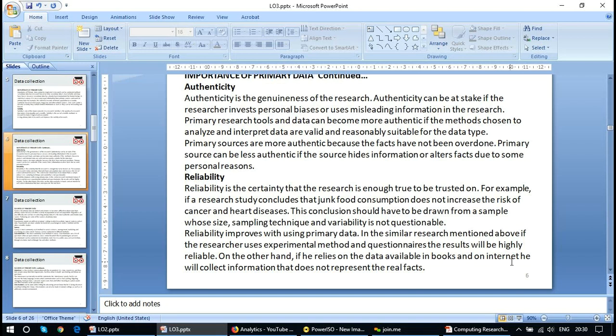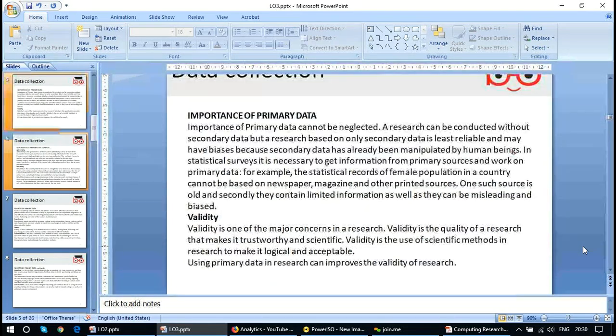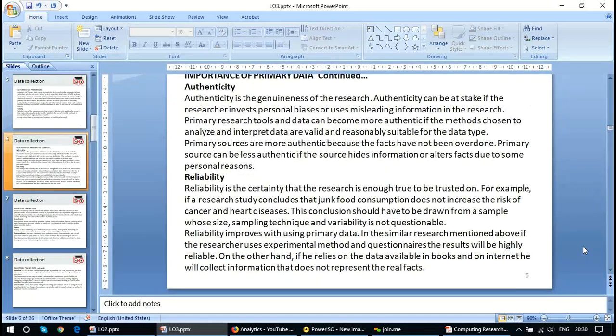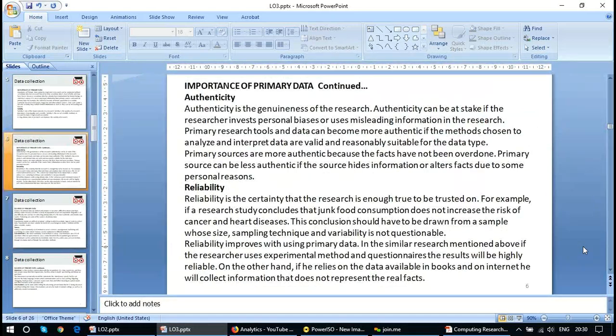So the authenticity, reliability, and validity is much more considered the useful in primary data as compared to the secondary data.